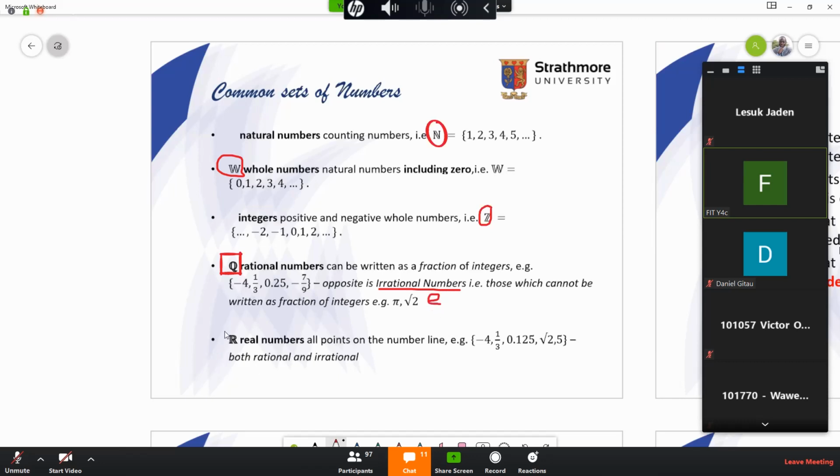Then there is finally the most important, the set of all real numbers. These are all points on the number line. It includes all these numbers combined, plus irrational numbers, because they are all found on the number line. So that's why a vector spanning a 2D space, we write it like double R squared.